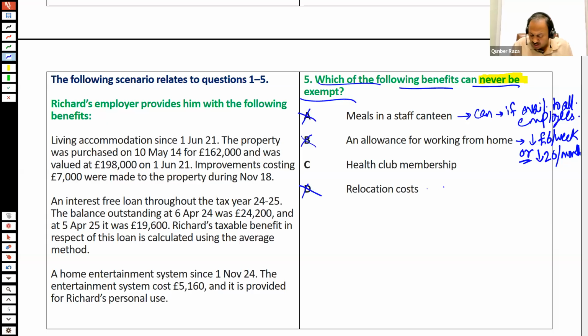Relocation cost, it is exempt if it is less than 8,000. So it is exempt. So there is one condition. If the condition is satisfied, then it is exempt. I need to figure out the ones which will never ever be exempt, whatever conditions you adhere to, whatever conditions you meet. Okay. Health club membership, can it be exempt?